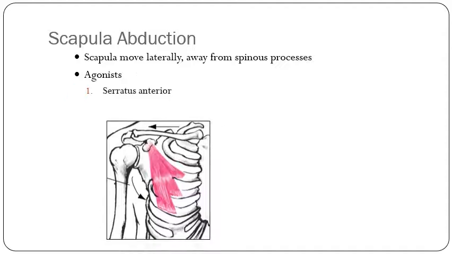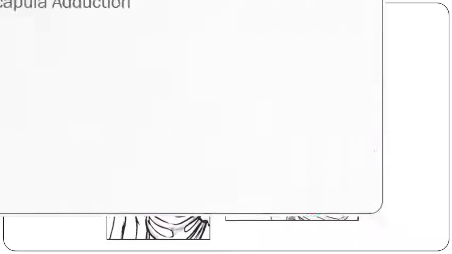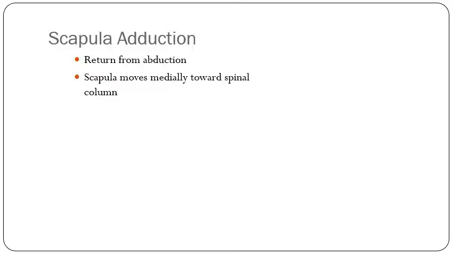Okay, so when we're talking about the agonist, we're talking about the muscles that produce the motion. When we're looking at the muscles that do scapular abduction, the serratus anterior and the pectoralis minor are going to be the agonists to scapular abduction. Scapular adduction is a return from abduction, the scapula moving medially towards the spinal column.